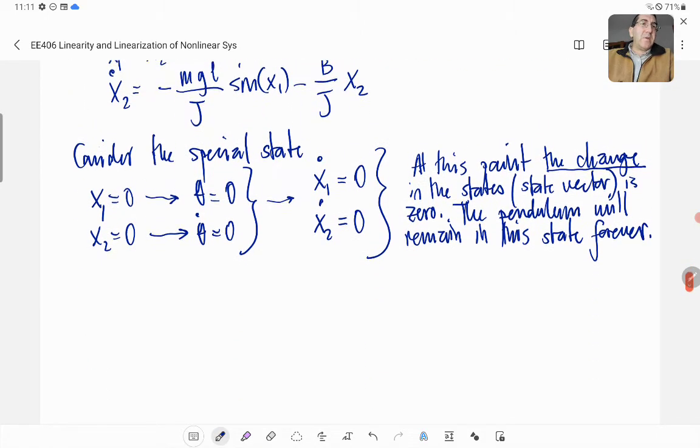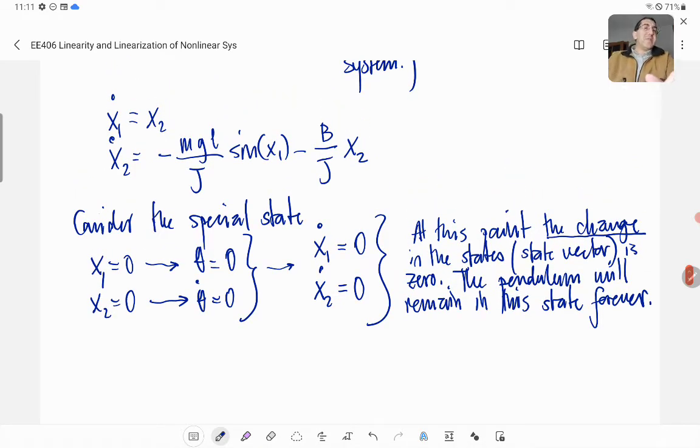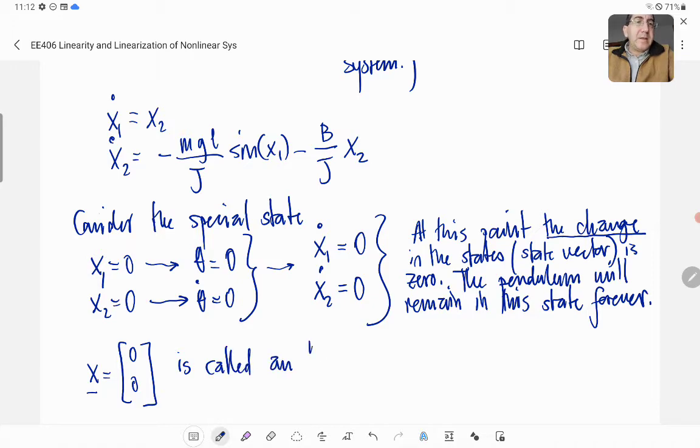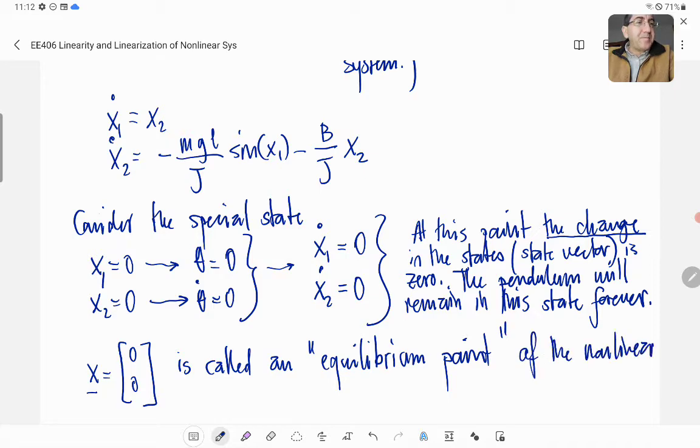Okay? Now, obviously, you're familiar with this, right? This kind of a point is called an equilibrium point. Okay? So x is equal to 0, 0 is called an equilibrium point of the nonlinear system.